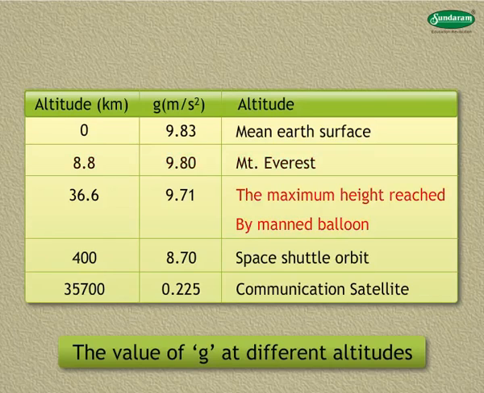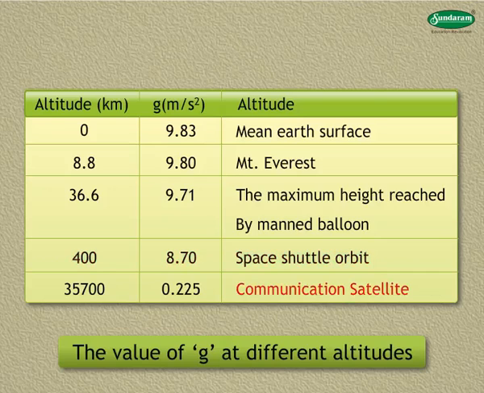At the maximum height reached by manned balloon, where the altitude is 36.6 kilometers, g is 9.71 meters per second squared. At the Space Shuttle orbit, where the altitude is 400 kilometers, g is 8.70 meters per second squared.